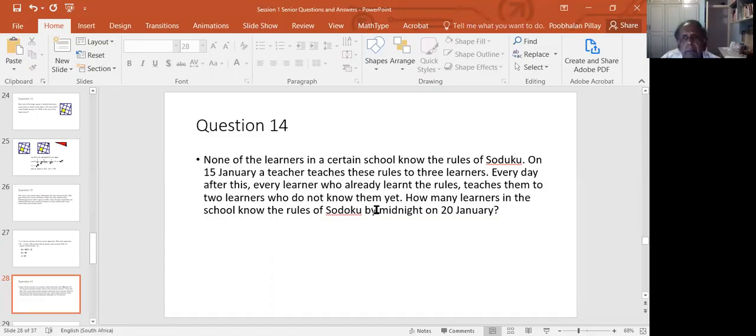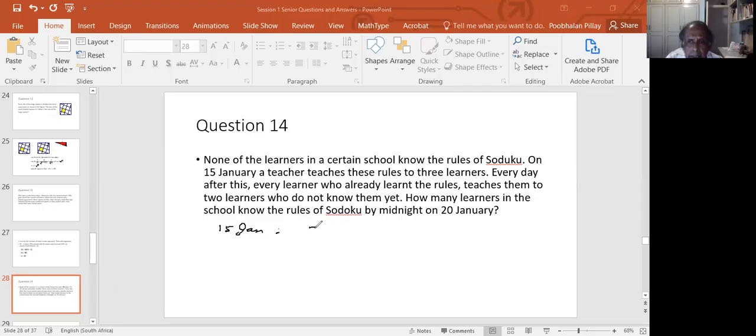Right, now, problem 14 says, none of the learners in a certain school know the rules of Sudoku. This is a game where you have numbers adding up to 9. So nobody in the school knows the rules for this. On the 15th of January, a teacher teaches these rules to 3 learners.